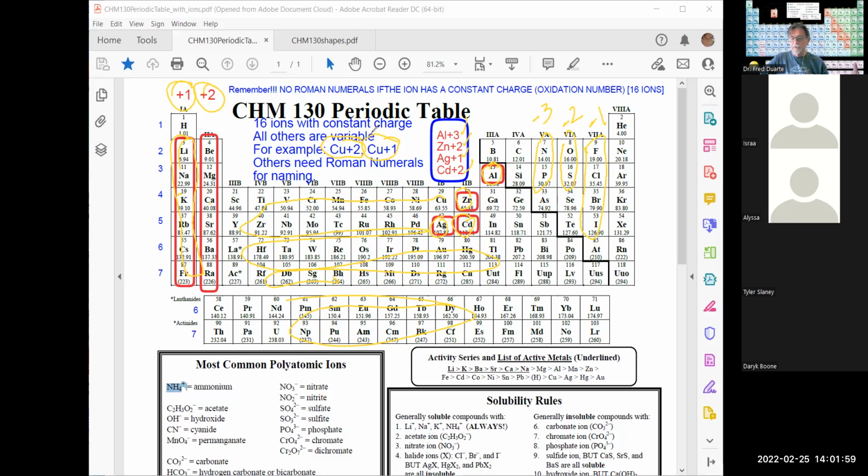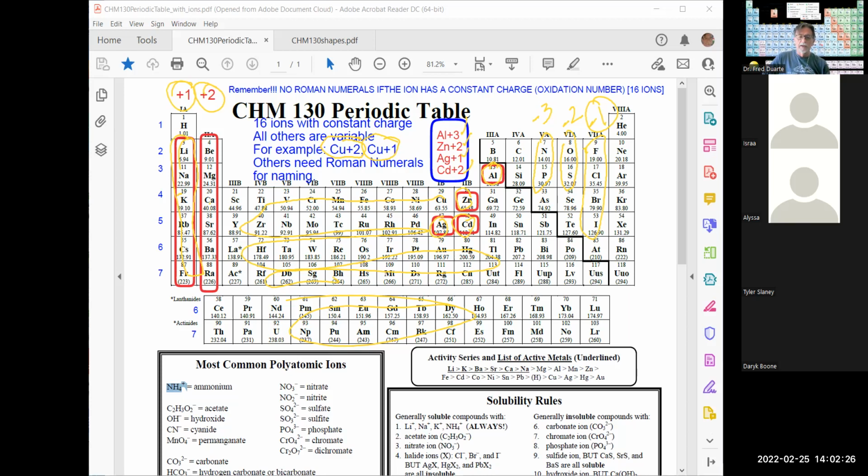So I would have to say copper Roman numeral 2 or copper Roman numeral 1. And which one I use would depend on how many chlorides I have, because I know that the chlorides always have a -1. And if I have two chlorides, then that means that I have copper 2. So we'll get some examples of that here in a bit, okay?